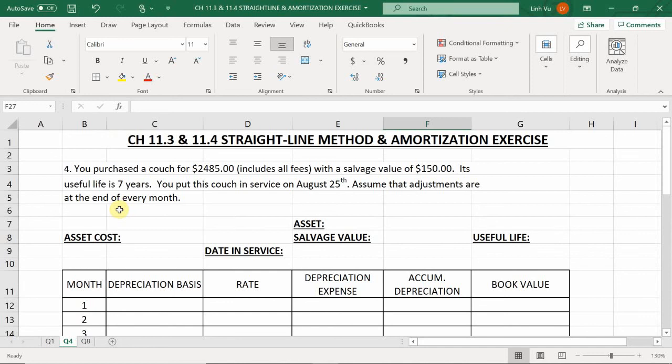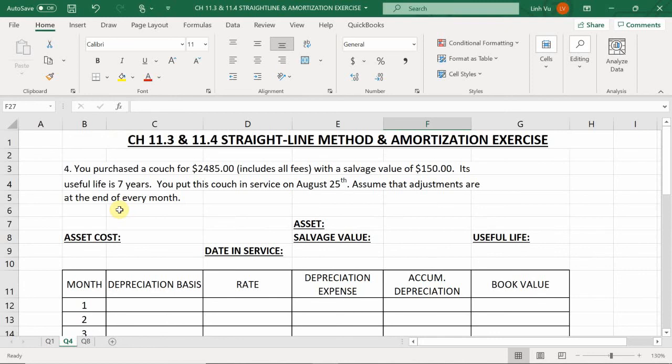With a salvage value of $150. Its useful life is 7 years because it's furniture. And he's had to put this couch into service as of August 25th. Assume that the adjustments are made at the end of the month.